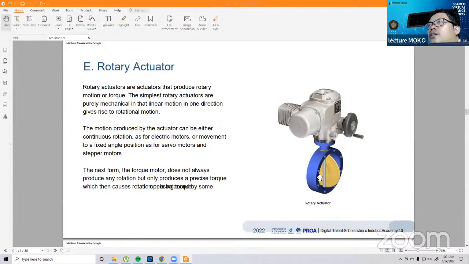So you will find there are two types of valve or rotary actuator in industry.